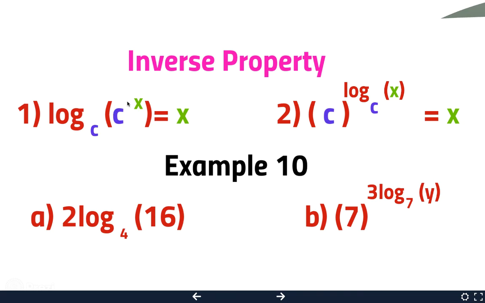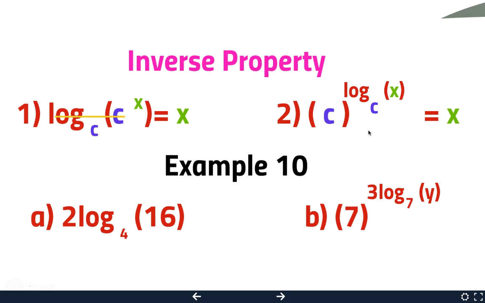So this is an exponential where the base is C, and this is a logarithm where the base is C. So if you see those consistent bases right back to back, they will cancel each other out, which means you're only left with the x. So if you ever see common bases right next to each other and one's a log and one's an exponential, everything cancels out except your exponent.